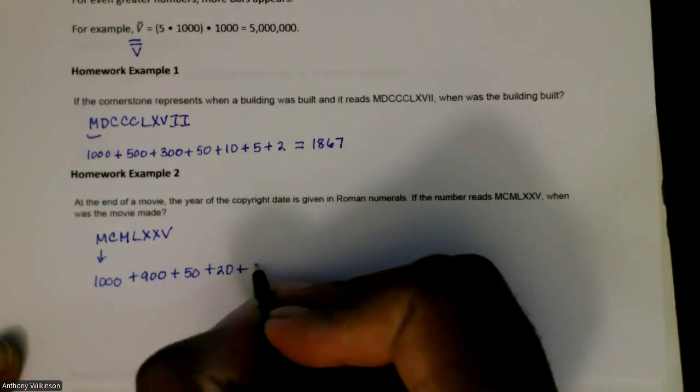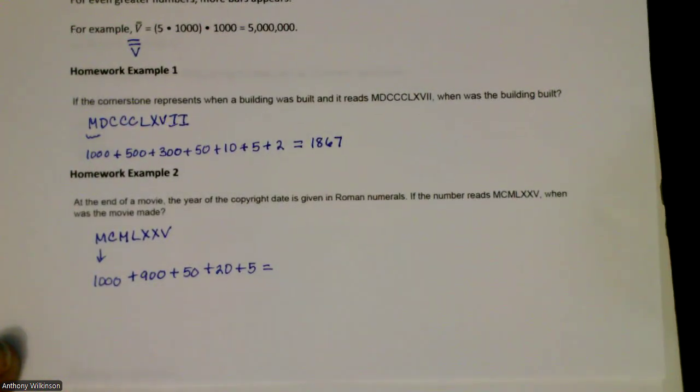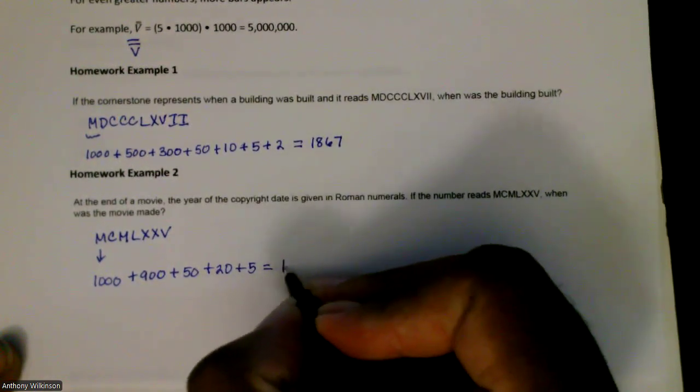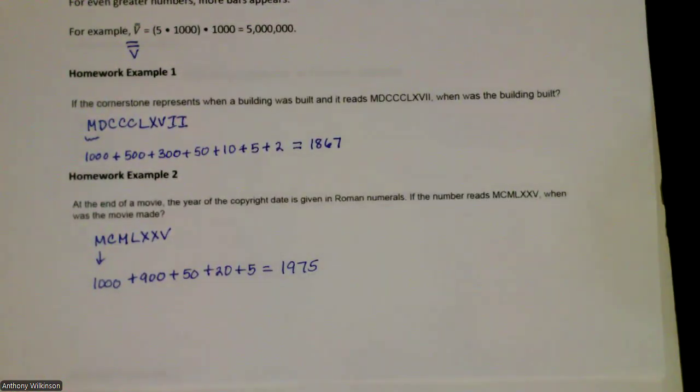The V is the Roman numeral for 5. So if I add 1,950, 20, and 5, I would get 1,975. So in this case, the movie in question was made in the year 1975.